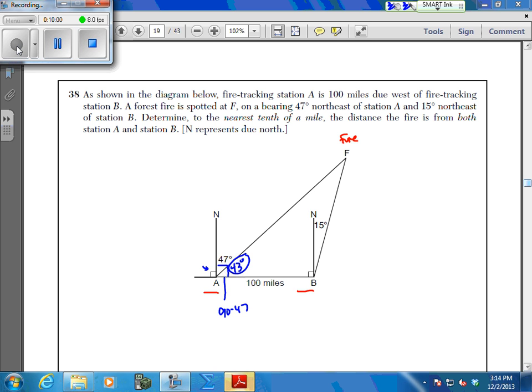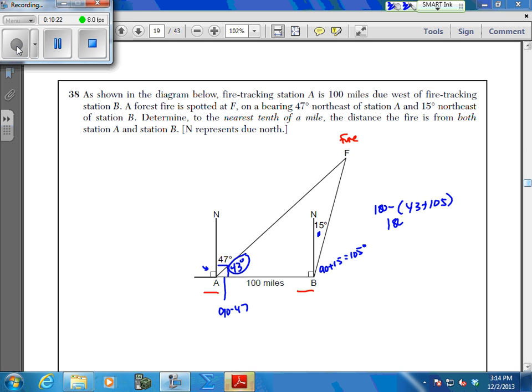Then use this fact. See this 15 in here? This is 90 plus 15 in here. Using these two angles of 45 and 105, you should be able to subtract them from 180.